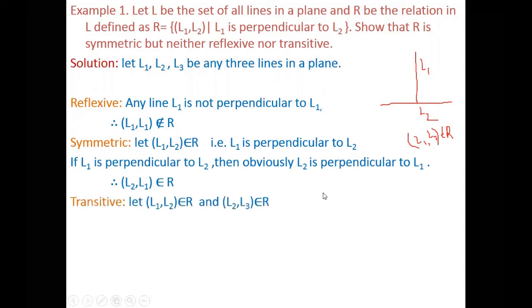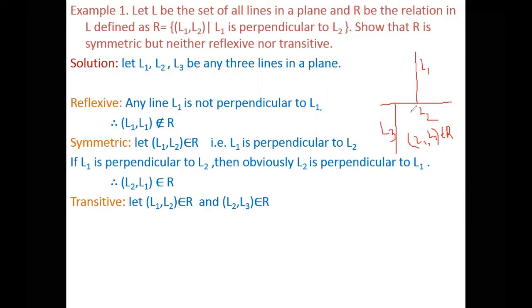Now for transitivity, let (L1, L2) belong to R and (L2, L3) belong to R. That means L1 is perpendicular to L2, the first condition, and L2 is again perpendicular to L3, the second condition.